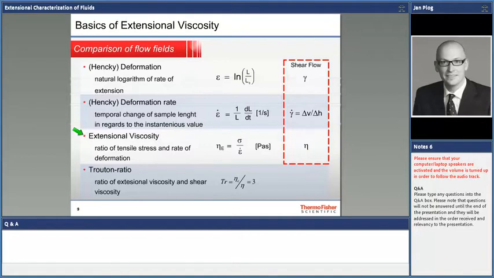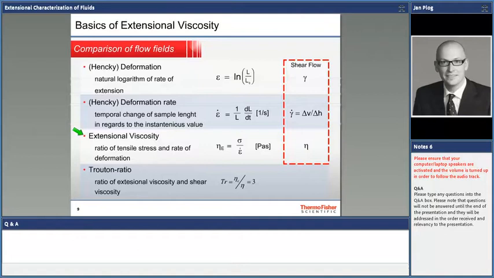However, when in the processing step that you need to model, or in the application, like swallowing, extensional flow behavior is prominent, then the viscosity that you need to use to model the fluid's behavior towards the flow field is the extensional viscosity.